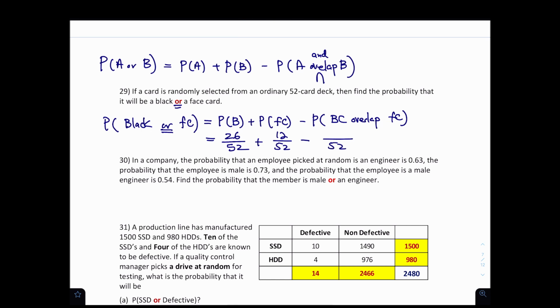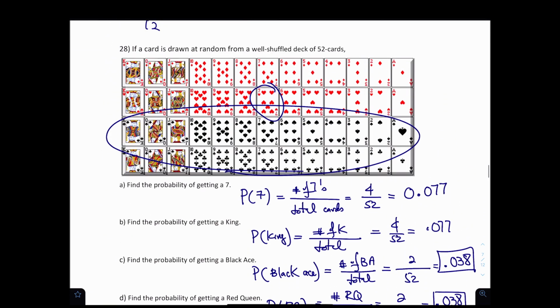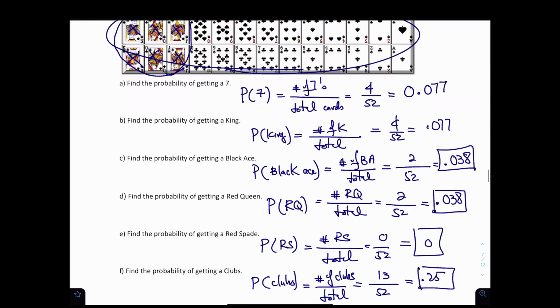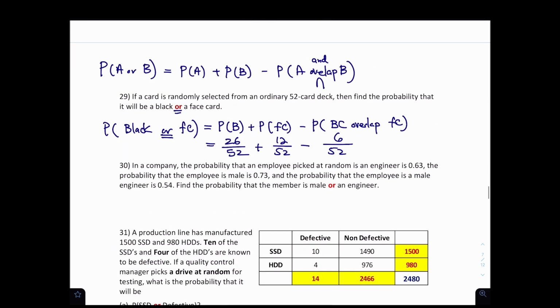Minus the probability of getting a card that is both black and a face card. If you go back to the deck of cards, you realize that half of the face cards are black. So 1, 2, 3, 4, 5, 6. There are 6 face cards that are black, so that becomes 6.